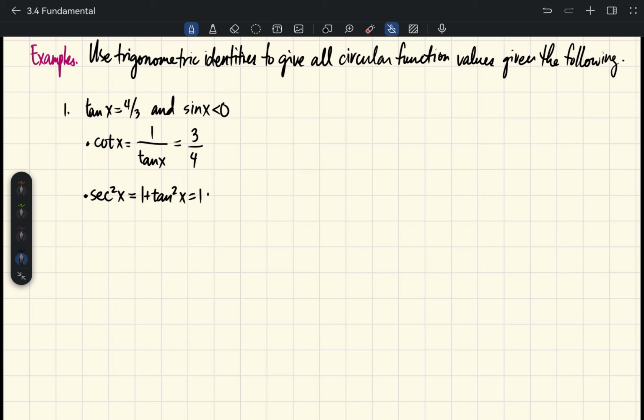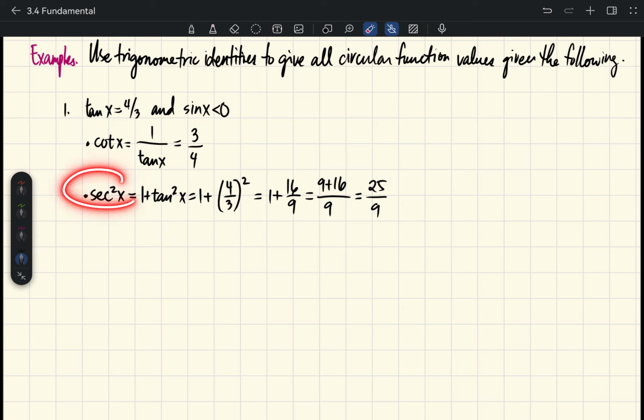So we have 1 plus 4 over 3 squared, giving us 1 plus 16 over 9. And by adding this, we have 9 plus 16, we get 25 over 9. However, this is just secant squared x. So we need the value for secant x.